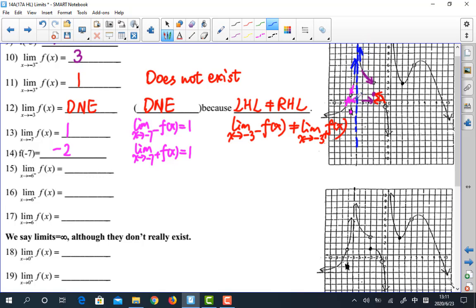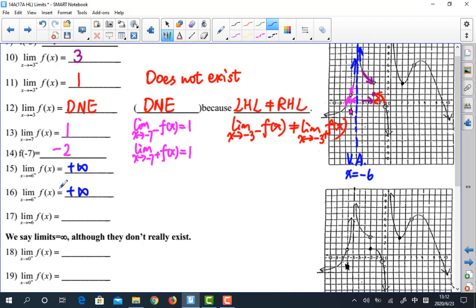We have already learned this line in chapter 2, and this line is called a vertical asymptote. So this function has a vertical asymptote at x equals negative 6. When x is approaching negative 6 from the left-hand side, this function y is approaching positive infinity. When x is approaching negative 6 from the right-hand side, the y value is also approaching positive infinity.